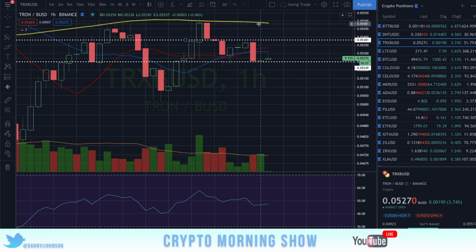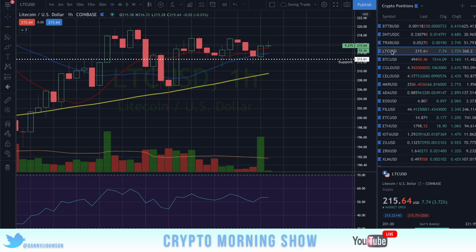And then the next one is going to be to get through this 100-day. We did get the 12/26 cross here, but we're watching the 100-day moving average. You can see we tried to break through here, met resistance on the 100-day. So keep an eye on that 100-day moving average for Tron.